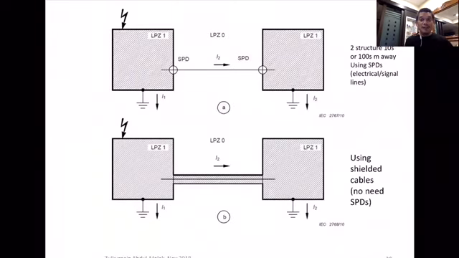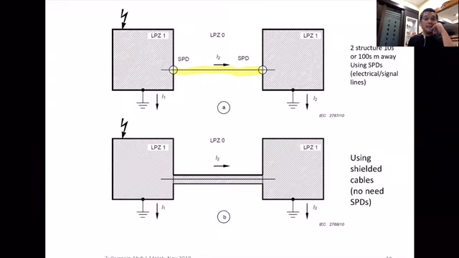So for example, here you have zone 1 to zone 1 and exposed to zone 0. So this is the exposed line. This exposed line means they can be exposed to direct strike. Whereas LPZ1, the house next door is Z1, the house here is also Z1. Therefore, you can use SPD at both ends to limit the surges that go in both ways.